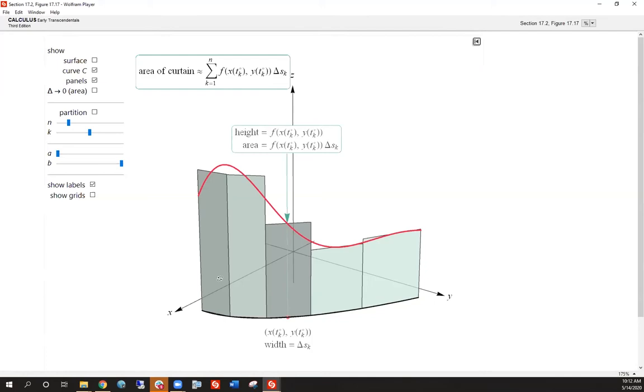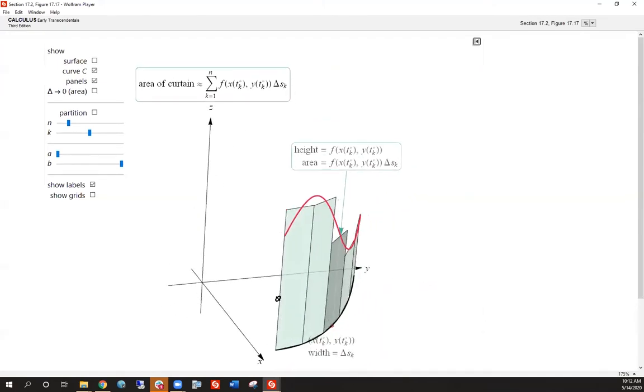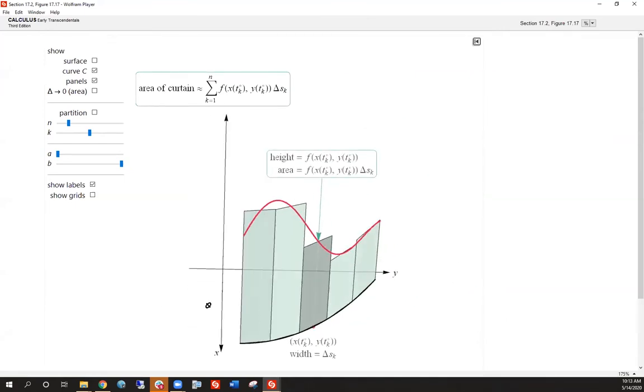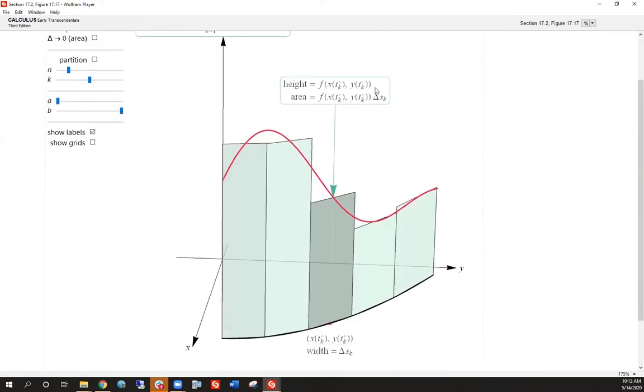Okay. So here would be our curtain. So notice that the curve along the base, this right here along the base, that's our C. And then the red at the top, this is coming from z equals f of xy.